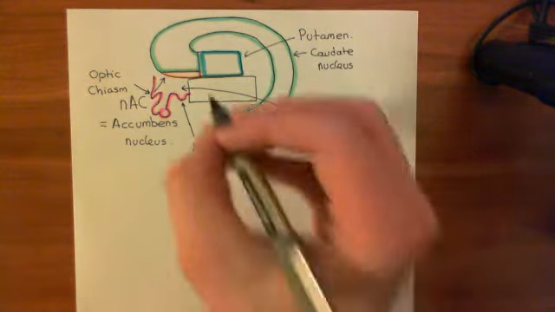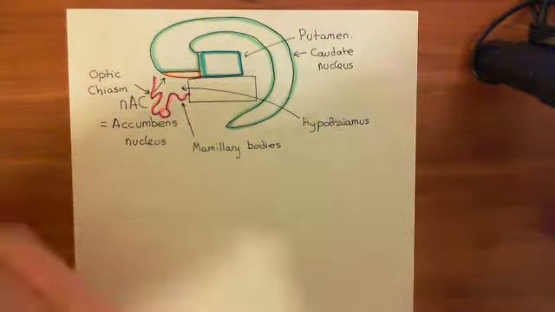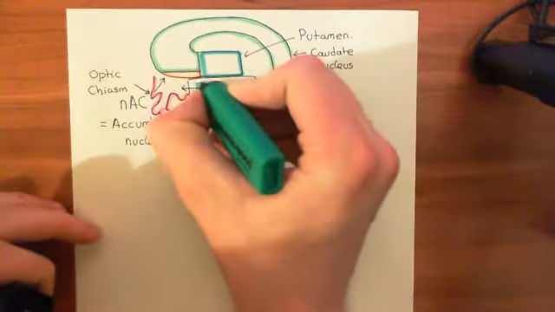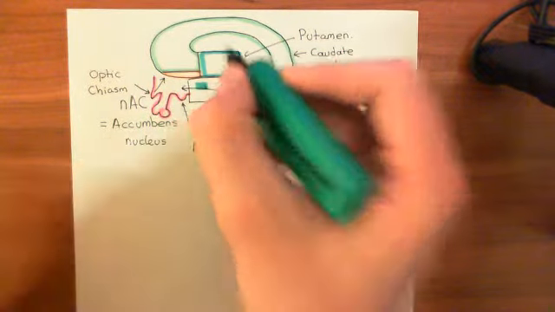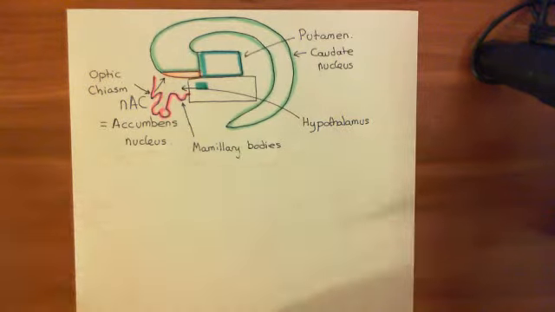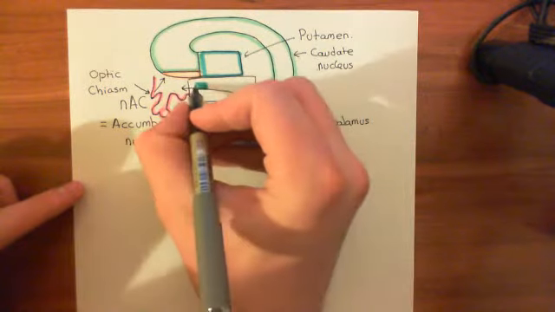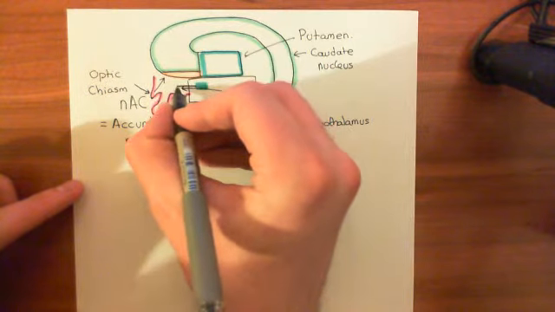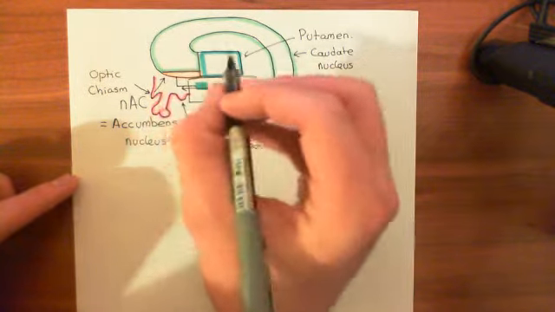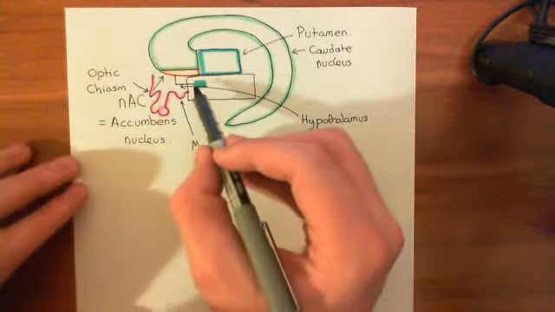Okay, so the ventral tegmental area will be somewhere here. Actually, it will probably be somewhere further back than that, but never mind. We've done it now. So what it's going to do is send neurons forward into the nucleus accumbens, like so. And it will send them in both directions.